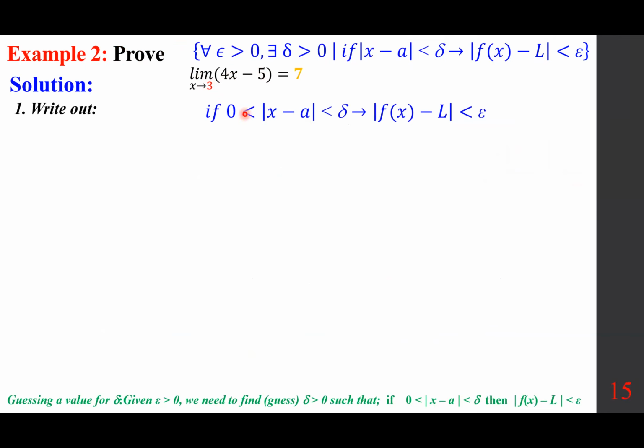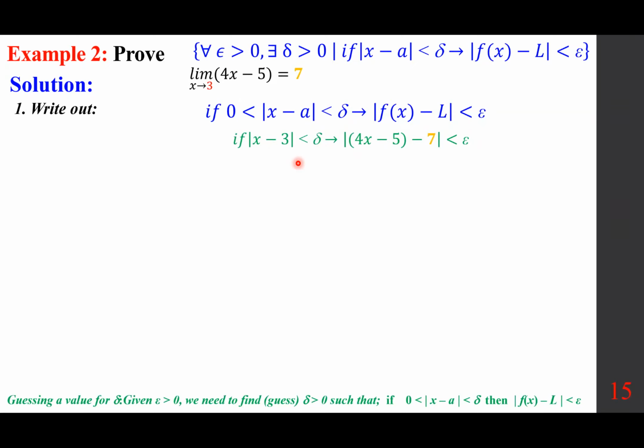And we notice a is 3. The limit is 7. We write that. We always start with this part, absolute value of f of x minus L, and we get to this part. When we find a relationship between epsilon and delta, practically we are done.